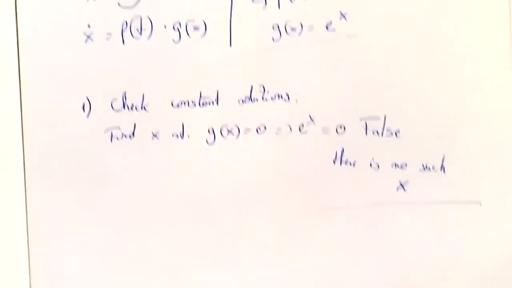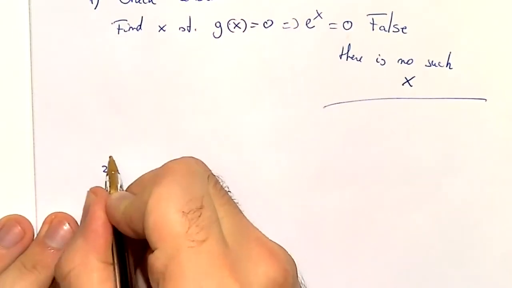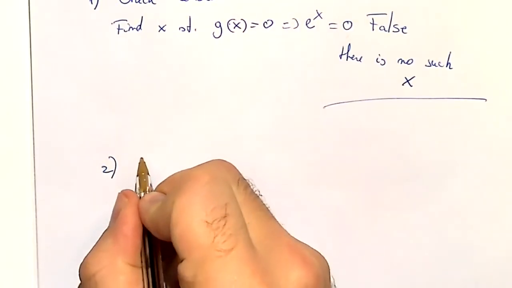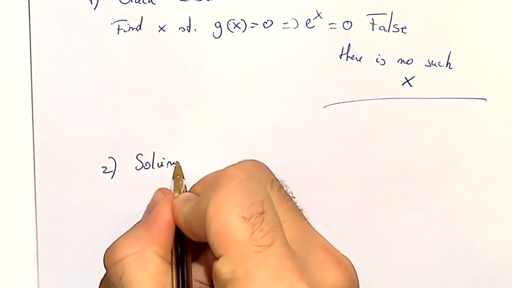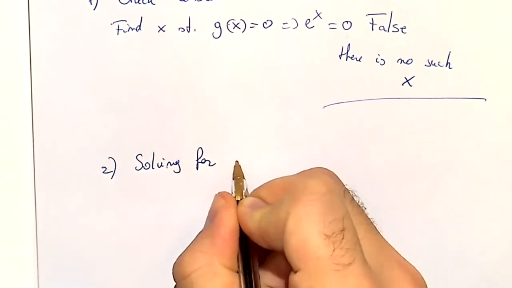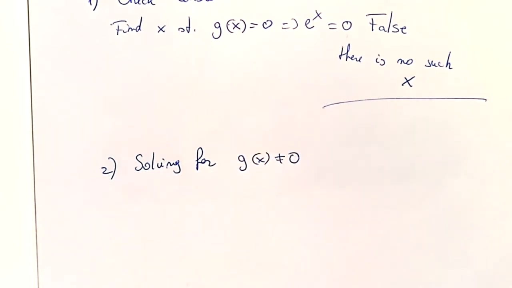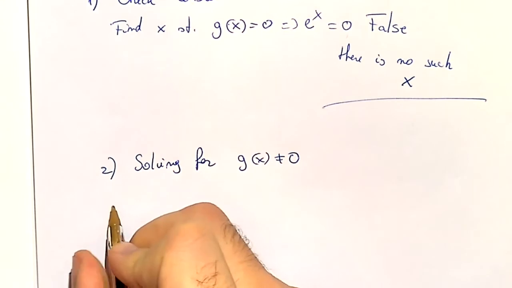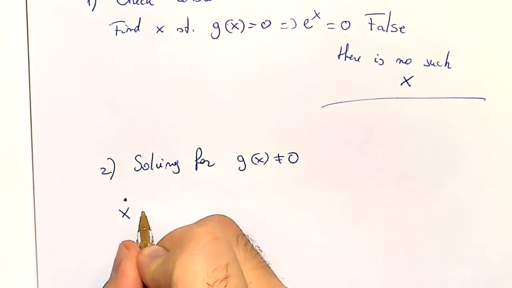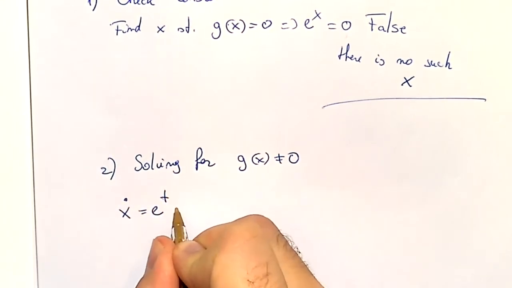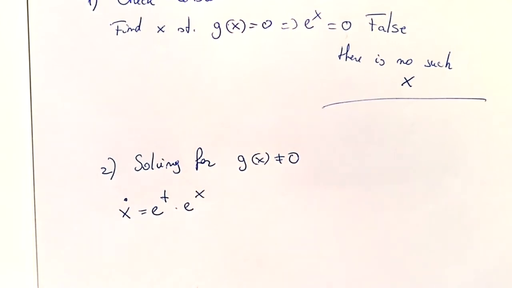No. Cool. Then now I'm moving to the ugly part, which is solving for g of x not equal to 0. And again, it's separable, so I have x dot is equal to e to the power of t multiplied by e to the power of x.